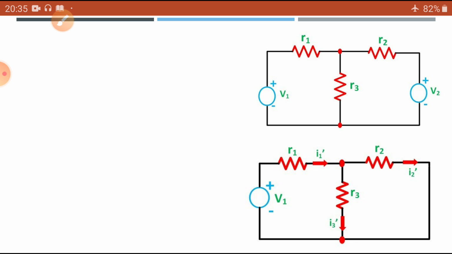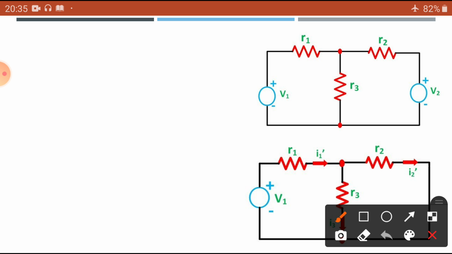I1 dash, with a single dash, represents that we are taking supply only from the V1 source. The current flowing through R2 is I2 dash, and I3 dash is flowing through R3. You can observe here.